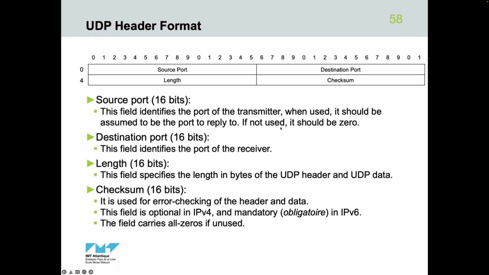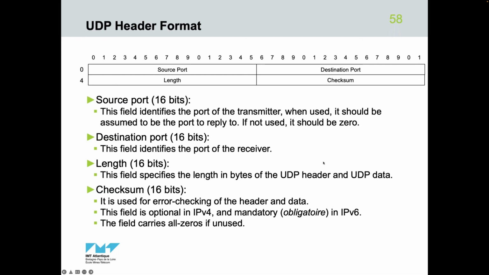The source port identifies the port of the transmitter. The destination port identifies the port of the receiver. The length specifies the length in bytes of the UDP header and data. And finally, the checksum is for error checking of the UDP header and data.